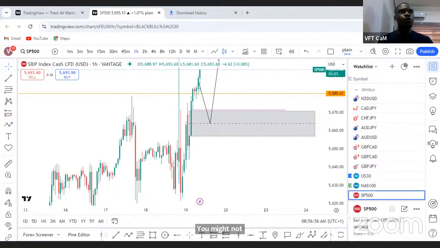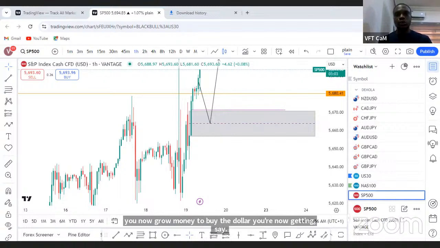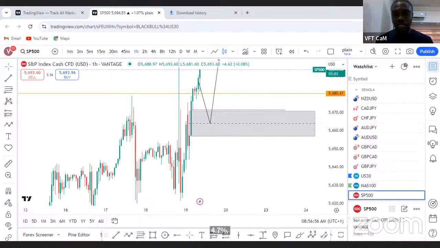I'm saying if you were to borrow money and invest in the dollar, let me use an example, you're getting 5.34% as a return on the dollar, right? Now, you reduce the interest rate. If you borrow money to buy the dollar, you're now getting say 4.7 something percent. It has reduced what you gain, right?